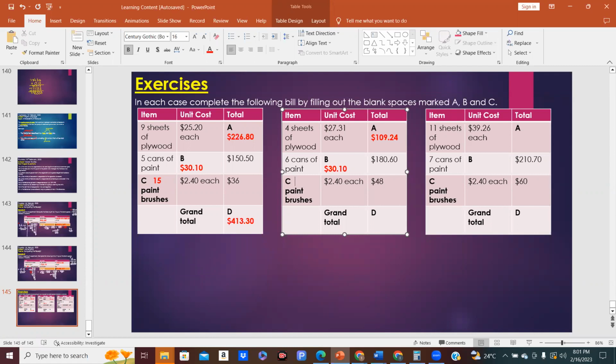All right, anyone want to help him with C? $48 divided by $2.40 gives you 20. Yes, 20. That's good. And we add them all. What do we get when we add all of them up? $337.84. Okay. 337.84, that's correct.